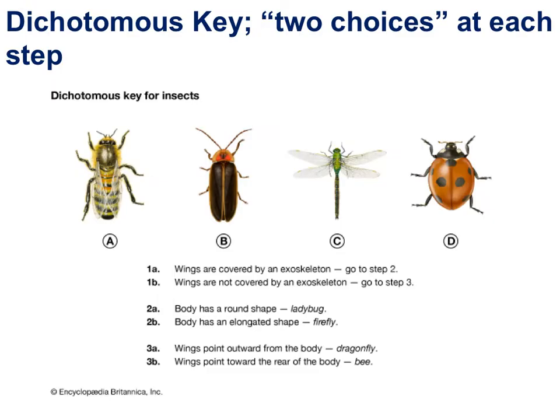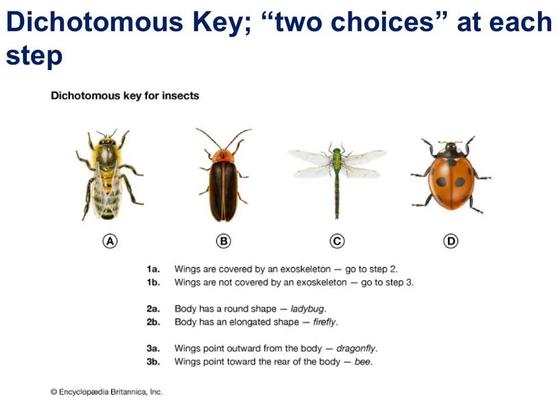Here is a dichotomous key structured in a linear fashion. I prefer the linear approach to constructing dichotomous keys. Let's attempt to determine organism C as our unknown organism. And we start at 1 with two choices, A or B. Wings are covered by an exoskeleton, or wings are not covered by an exoskeleton.